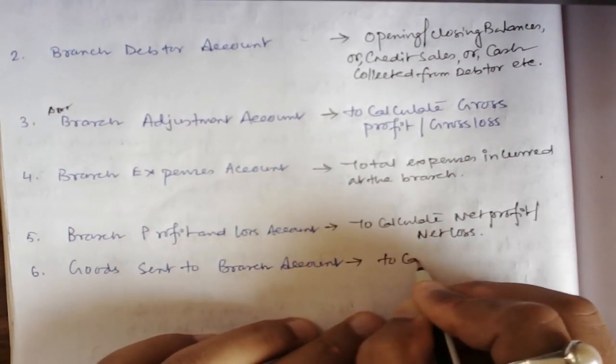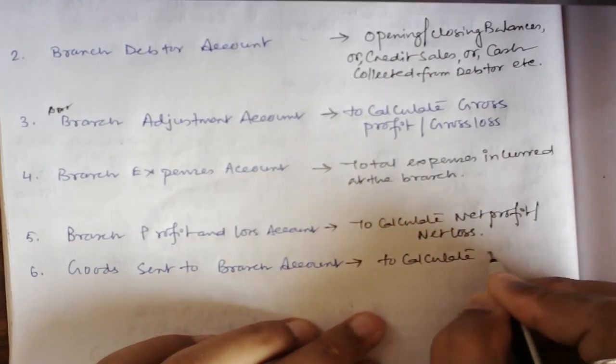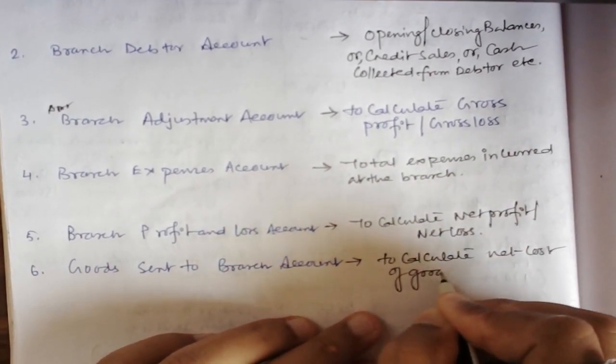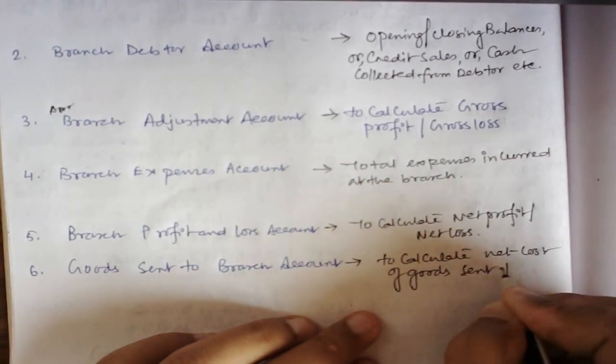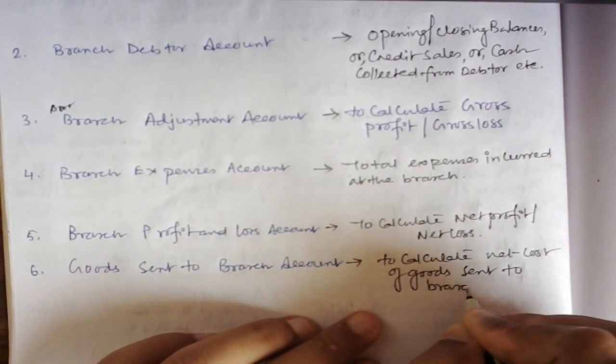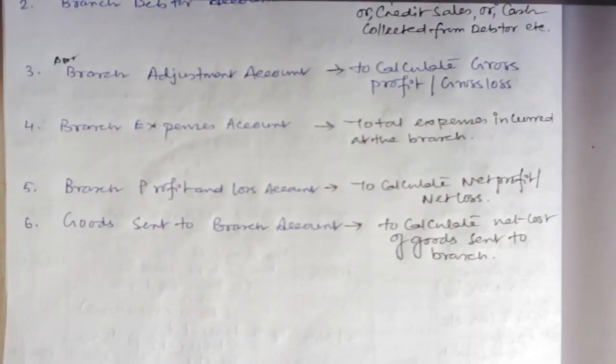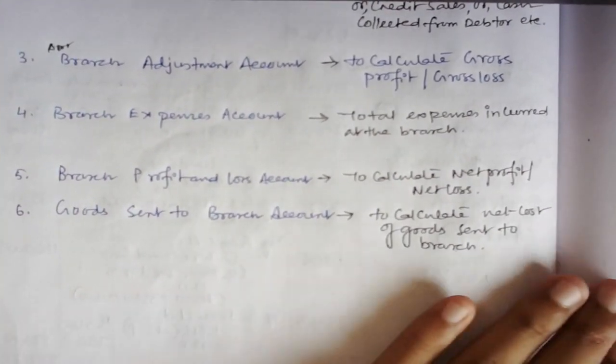To calculate net cost of goods sent to branch. So that we have calculated already, sir. So the goods sent to branch account helps us to calculate the net cost of goods sent to branch.